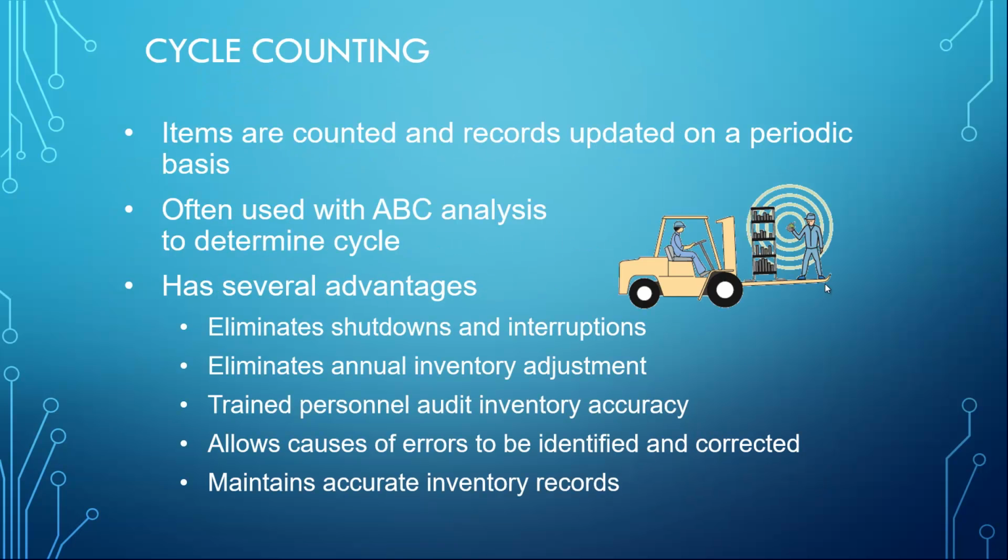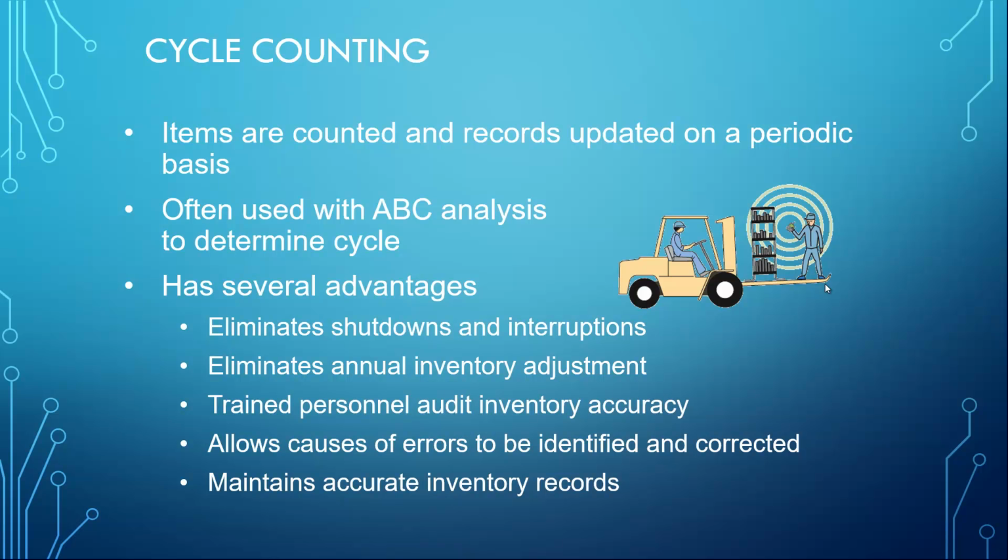In periodic or cycle counting, items are counted and records updated on a periodic basis to reflect what you have in inventory. This counting method is often used with the ABC analysis technique to determine the periodic intervals used in the counting process.